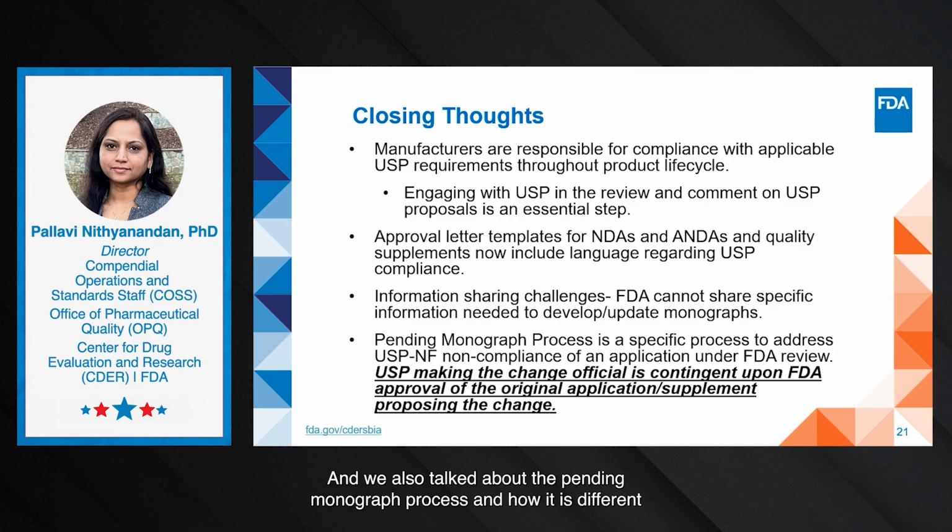And we also talked about the pending monograph process and how it is different from the regular revision process, when to use it, and the necessity for flagging it as a pending monograph request when that is the intent.